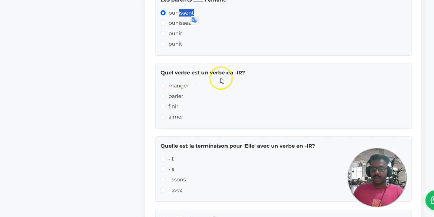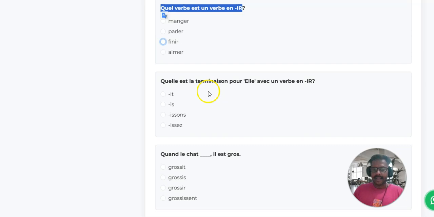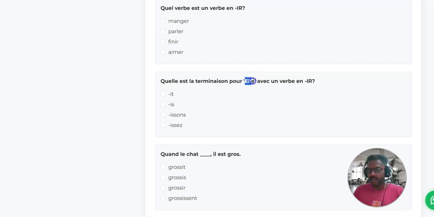Quel verbe est un verbe en ir? Now they're asking which verb is an ir verb. It's very easy, finir. Quelle est la terminaison pour elle avec un verbe en ir? Now they're asking which is the ending for elle. Elle, what is elle? Troisième personne du singulier. So it is t.